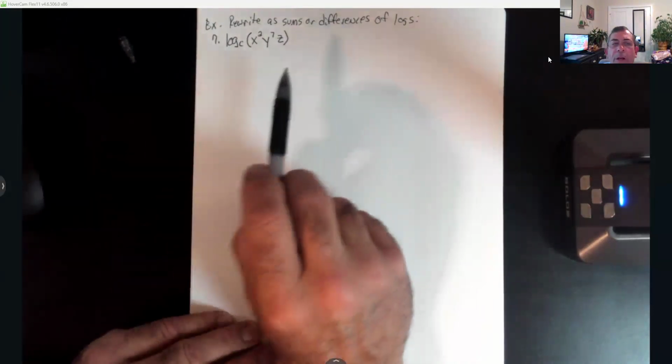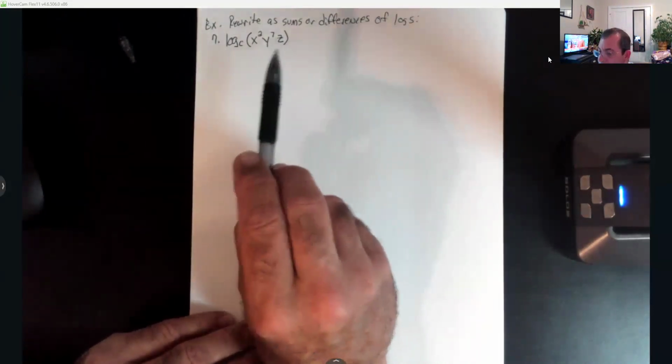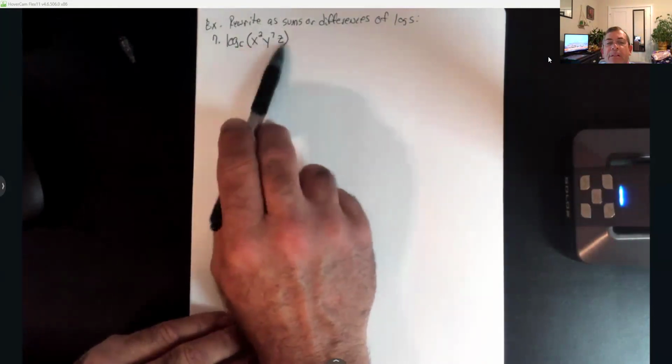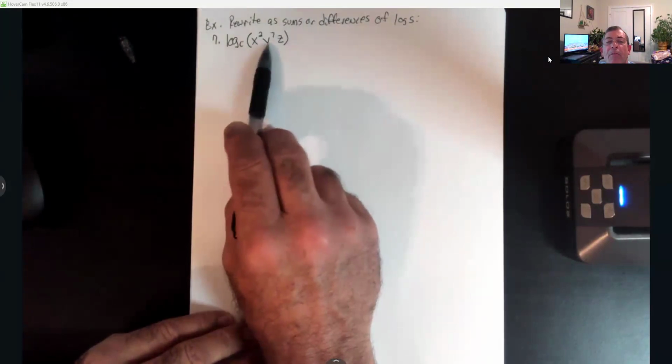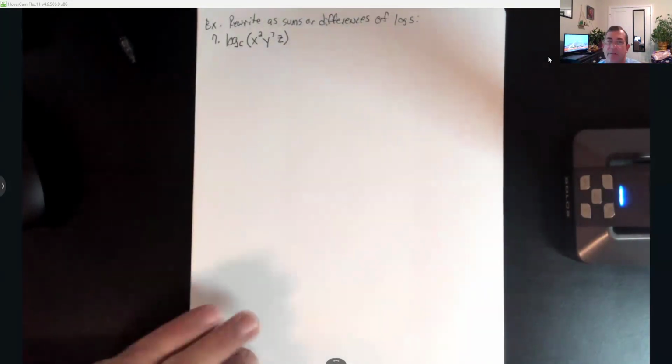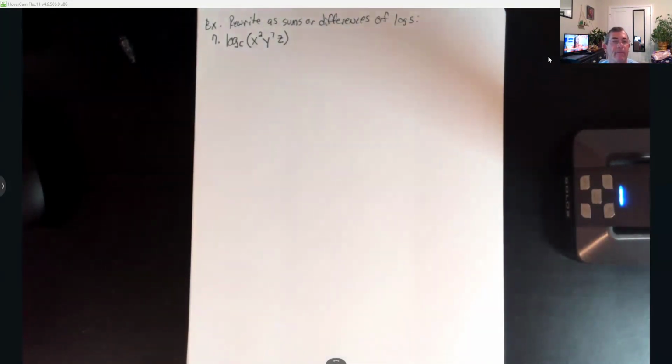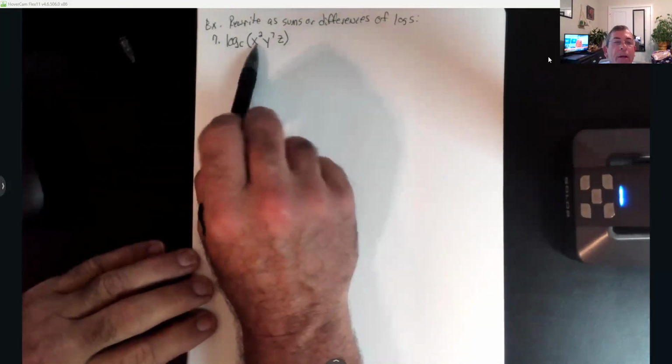So y'all, one question. Let me see what y'all think. When I rewrite this stuff, will I rewrite this as sums or will I rewrite this as differences? So y'all putting pluses in between those, or are we going to put minuses? Nat, good job. Those are sums, because you got a product here.